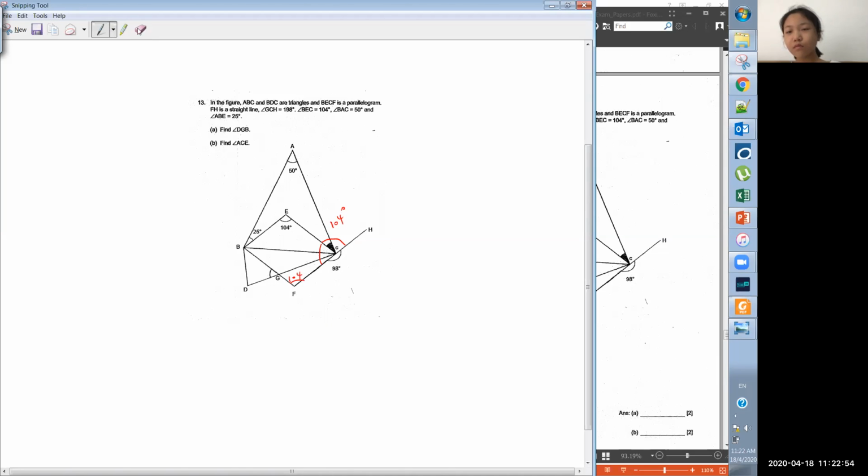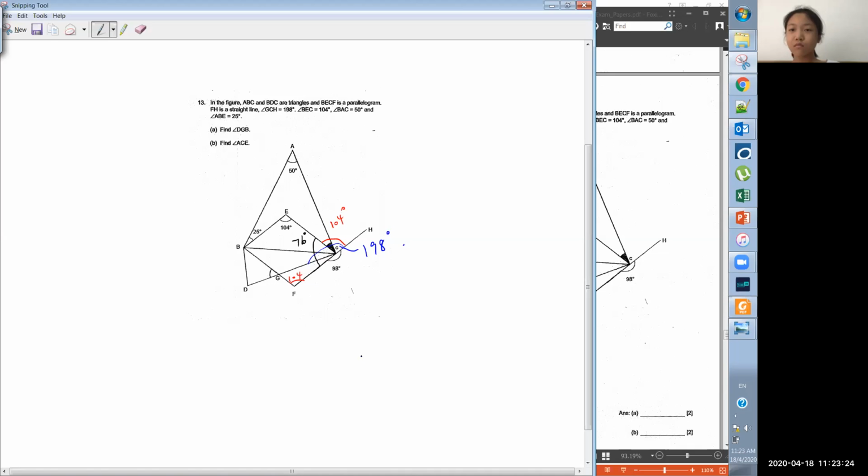All right, let me use a different color. Okay, so this is 76. Now use different color. It says 198 GCH. Where GCH? This is this one. Is 198.